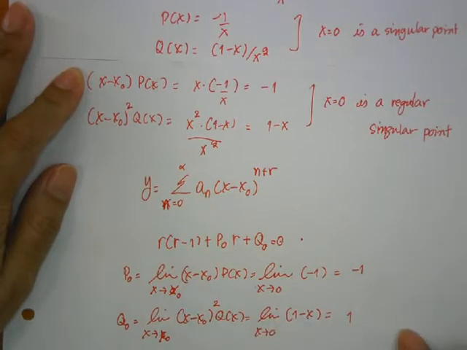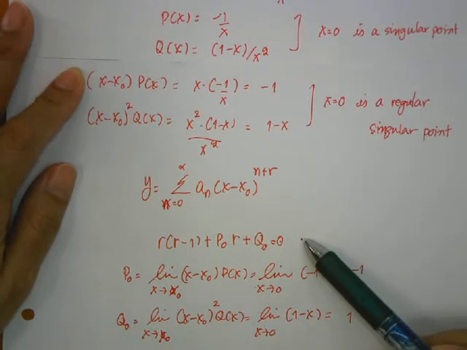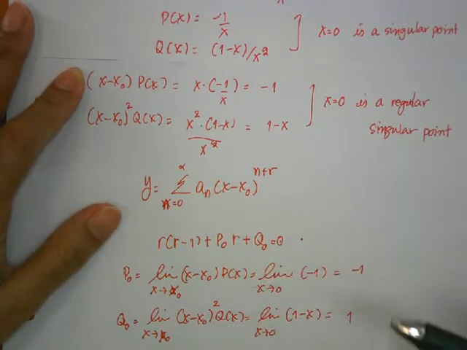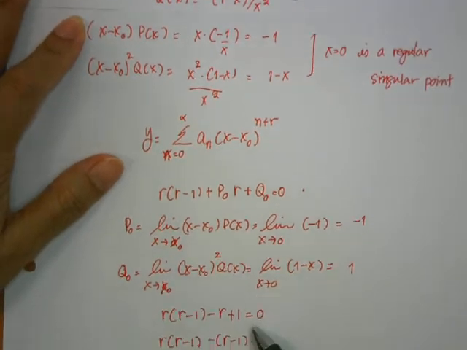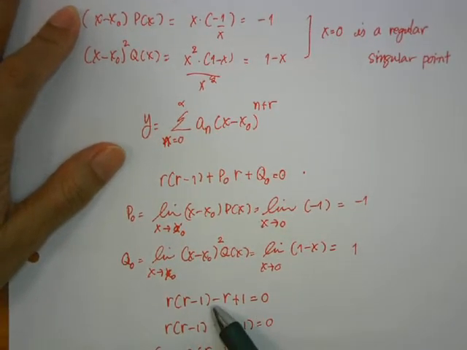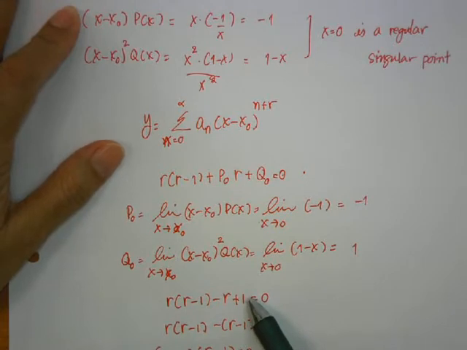From that, p0 is equal to minus 1 and q0 is equal to 1. Then you plug the values of p0 and q0 into your indicial equation and you get the value of r. When I plug the numbers in, the equation is in terms of r squared, so that means you can find two values of r.